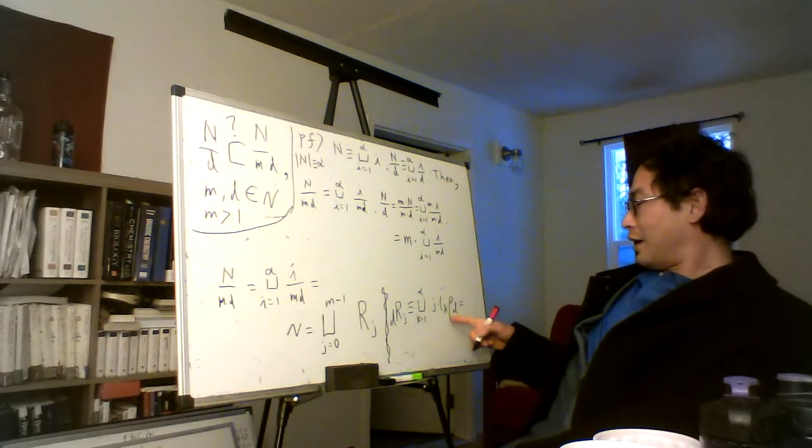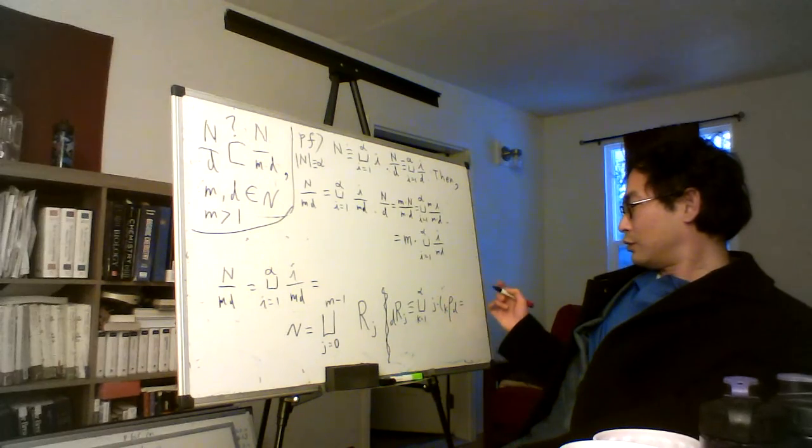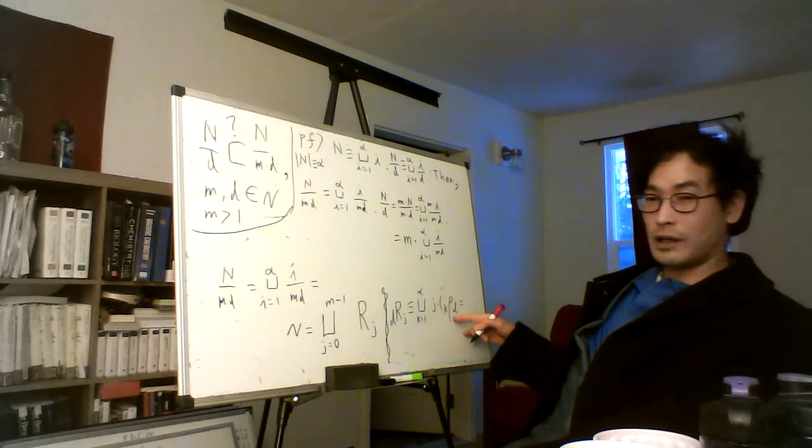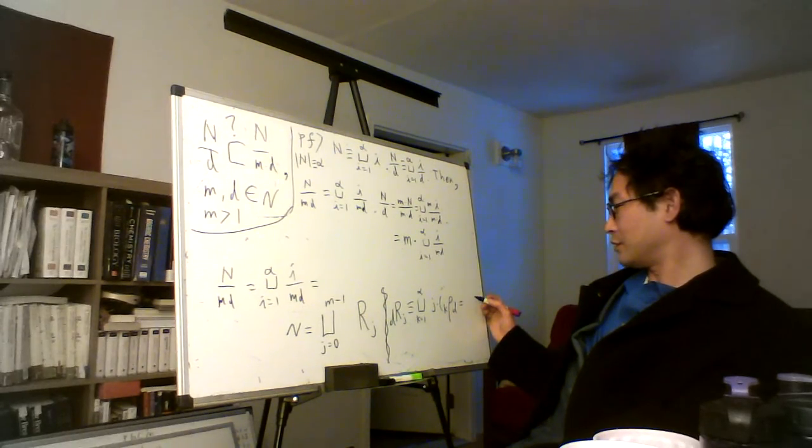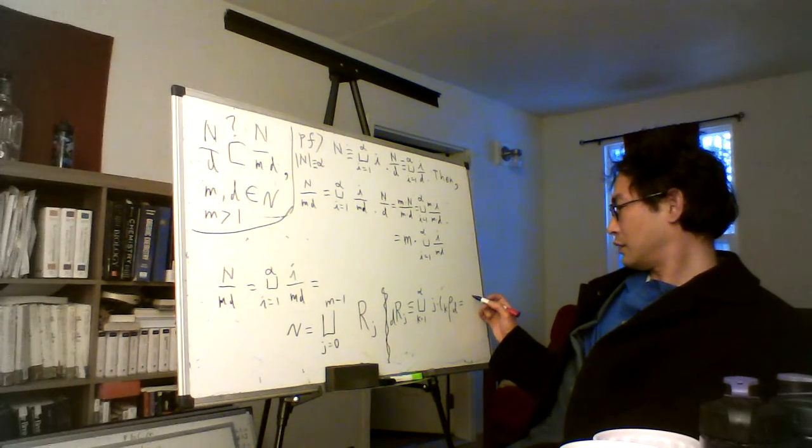Row algebra, also known as modular arithmetic, and Boolean hybrid, also known as Iverson bracket.